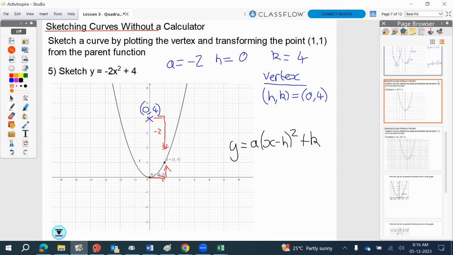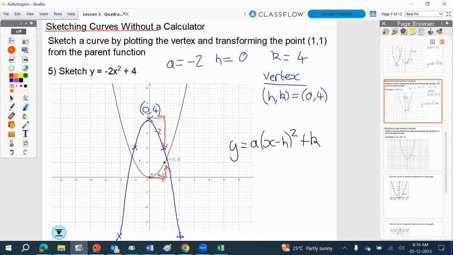So we're going to go there. Let's reflect that point over here. And the one that normally goes 2 across, 4 up will be 2 across, 8 down. Can we manage 8 down? 1, 2, 3, 4, 5, 6, 7, 8. Not quite. About there. So this curve is going to look like this. We have a reflection.